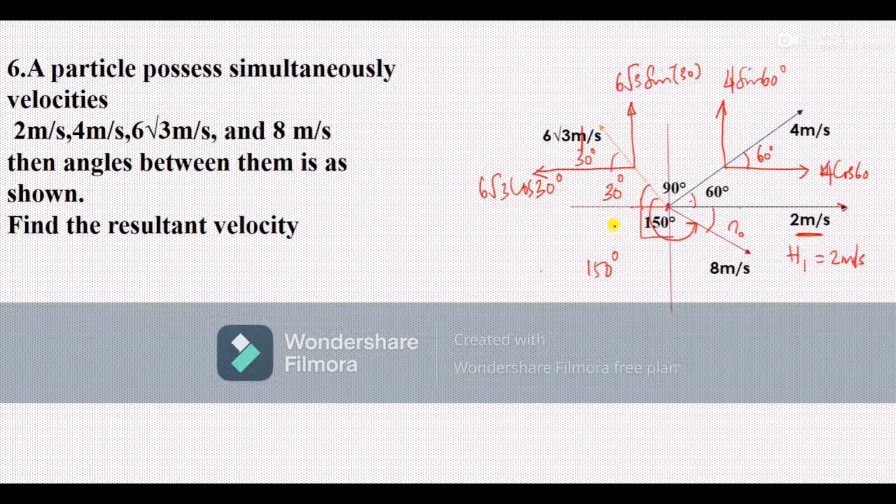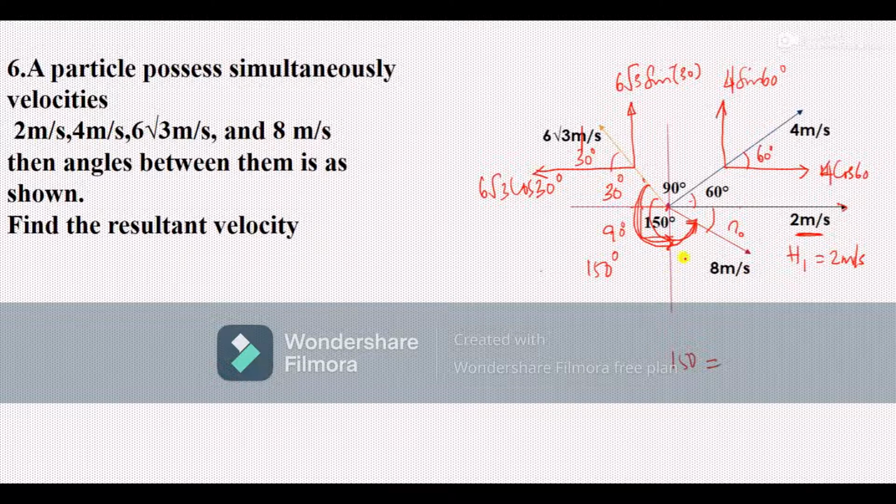We know from here 60, 90, 30, and this is again 90. In this direction, 90 plus 30 makes 120. The total angle is 150, so 150 minus 120 gives 30 degrees here.